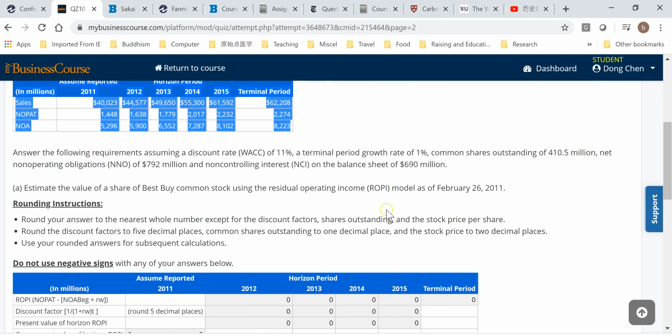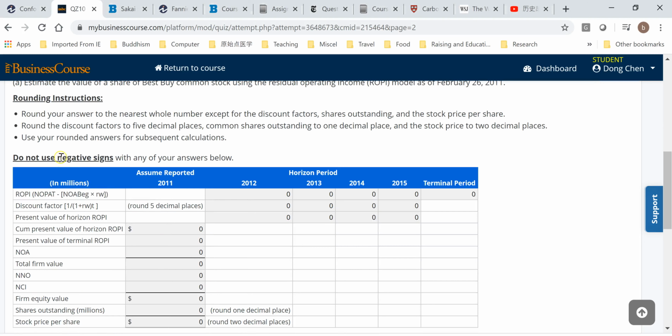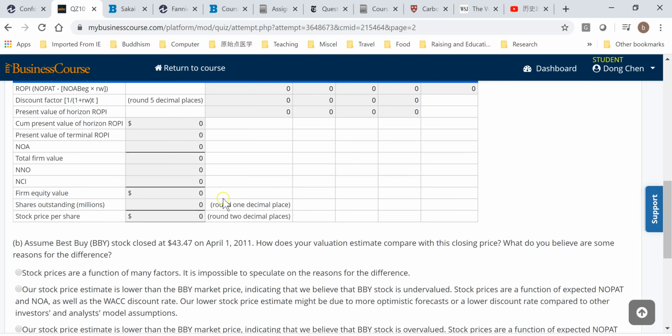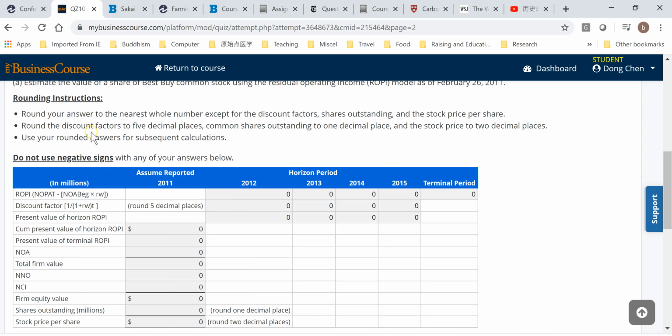Then we need to pay attention to the rounding requirement. Round your answer to the nearest whole number except for the discount factor, the final price, shares outstanding and stock price. Round your discount factors to 5 decimal places, common shares outstanding to 1 decimal place, and stock price to 2 decimal places.